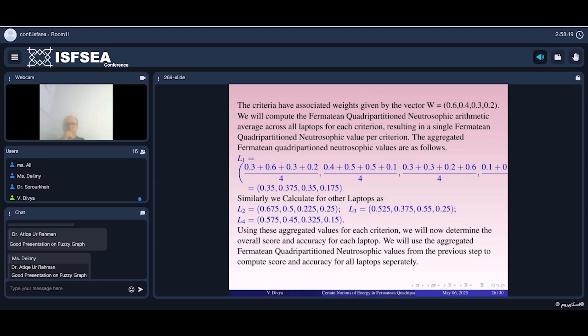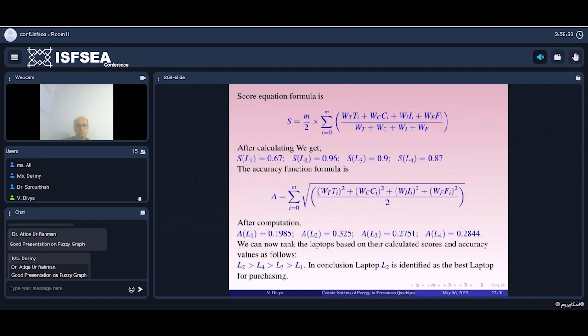Using these aggregated values, I'm going to apply the score function formula and accuracy function formula. Using the score function formula, I got the value for the first laptop as 0.67, second 0.96, and so on.